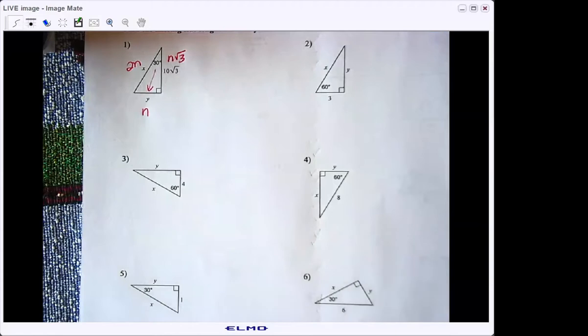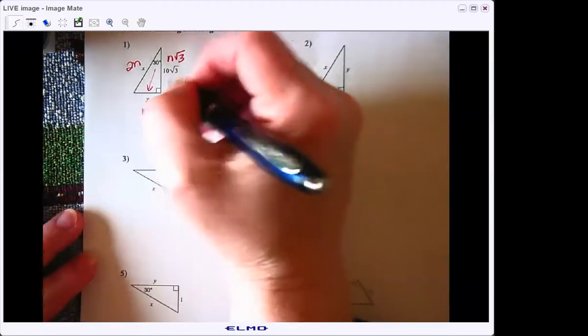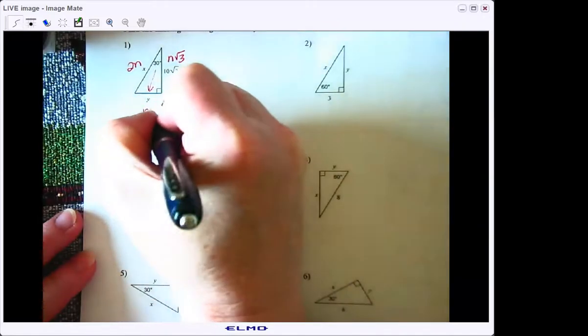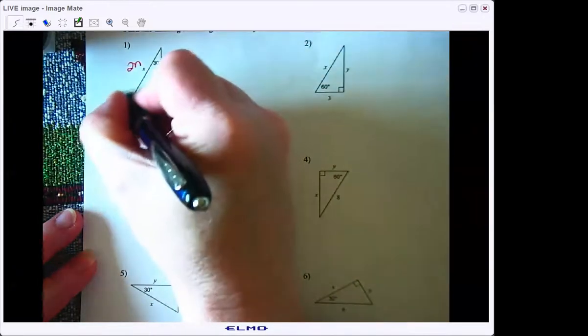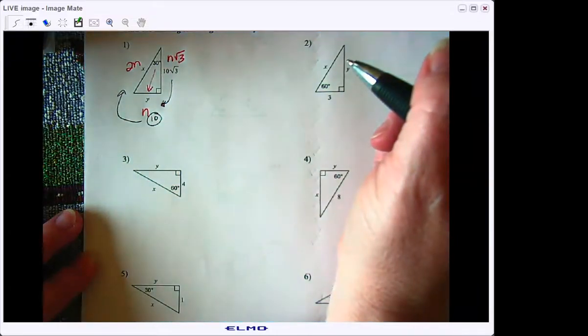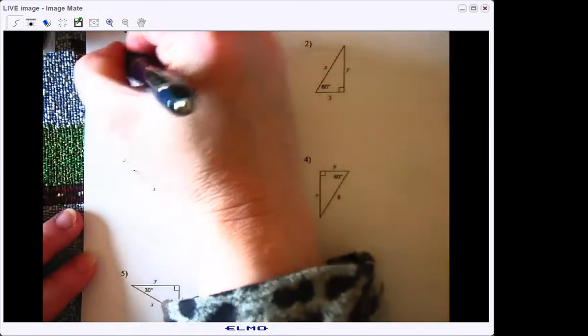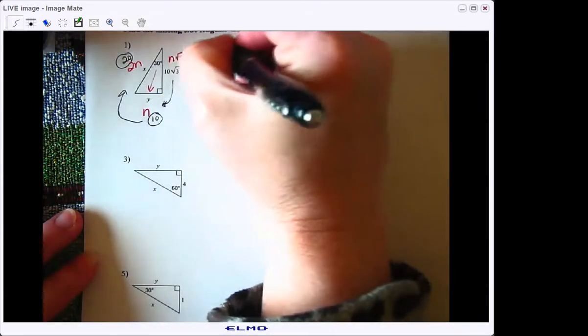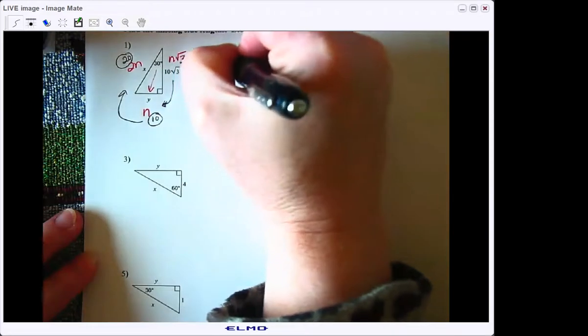Okay, so what do we think n is? 10. Good. N is 10. What would that make the hypotenuse? 20. Nice. 20. Okay. So y is 10, x is 20, you're done.